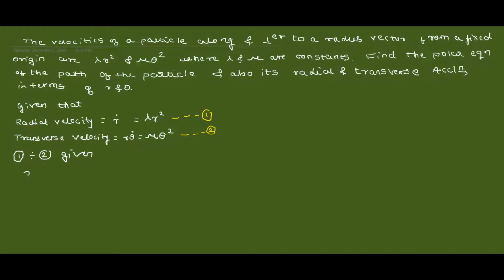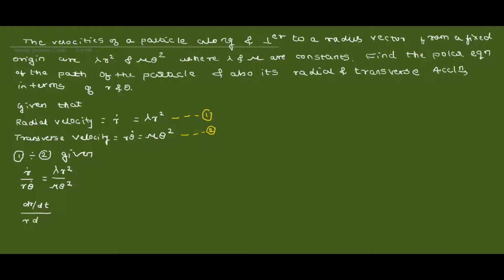r dot divided by r into theta dot is equal to lambda r square divided by mu theta square. Okay, now what is r dot? R dot is nothing but dr divided by dt, divided by, in the denominator, r as it is. What is theta dot?